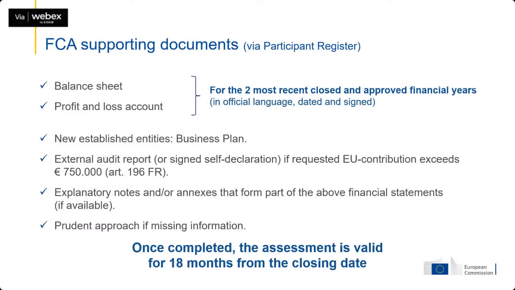So having the explanatory notes on the accounts will help us to prepare a more accurate assessment, and we will not apply the prudent approach that could, let's say, result in a deteriorated result of the financial capacity assessment. So please provide the explanatory notes on the accounts always.